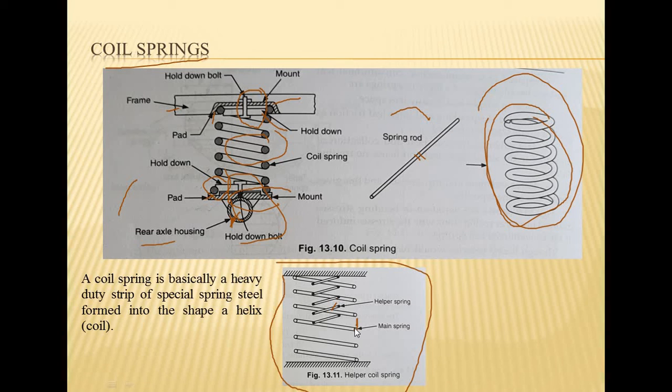Helical springs are used with independent front and rear suspension. Due to compact size, coil springs invariably find application in all four wheels of most cars. So this is the basic information about coil springs and leaf spring.